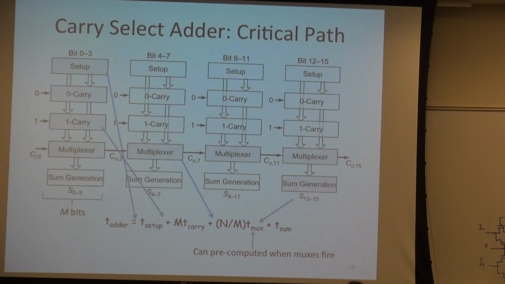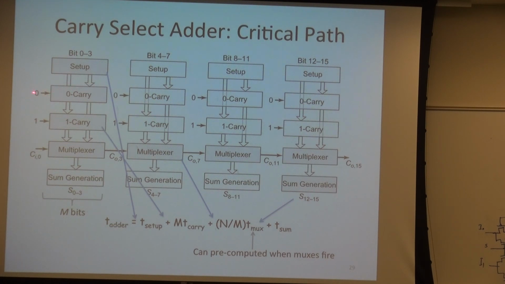With this idea, I can now go back to the same problem of the 16-bit adder. I have the setup units, which generate the propagate and generate functions. And then I have the 0 carry and 1 carry blocks.